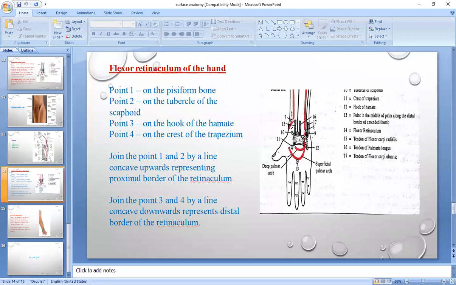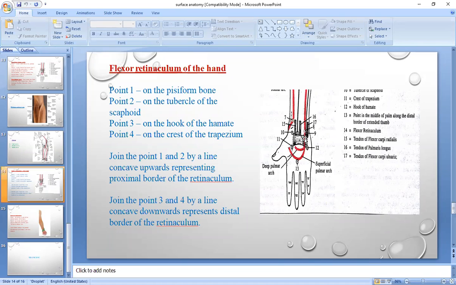So for the flexor retinaculum, you have to keep the first point on the pisiform bone, right? The second point is on the tubercle of the scaphoid. Again, how to appreciate this tubercle? Identify the thenar eminence, at its summit, otherwise called the root of the thenar eminence.